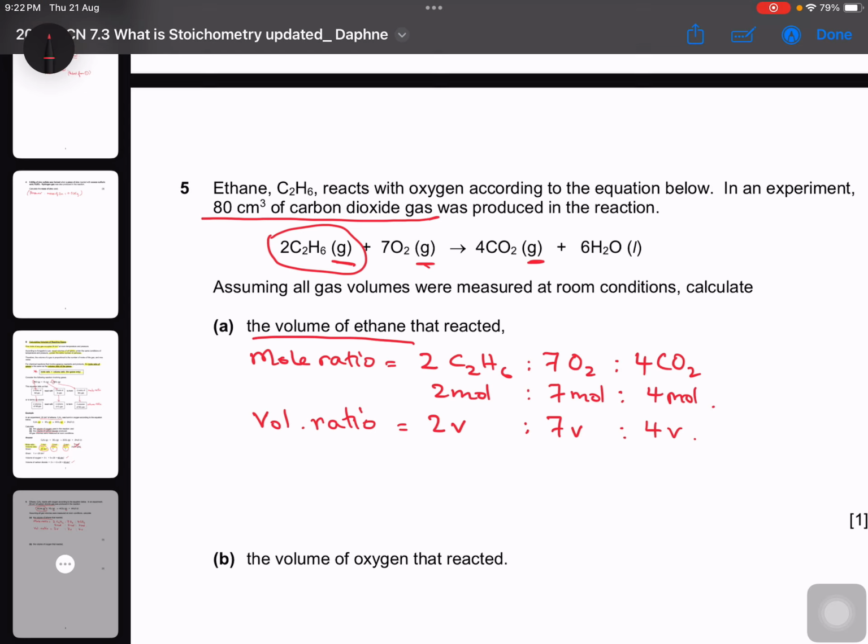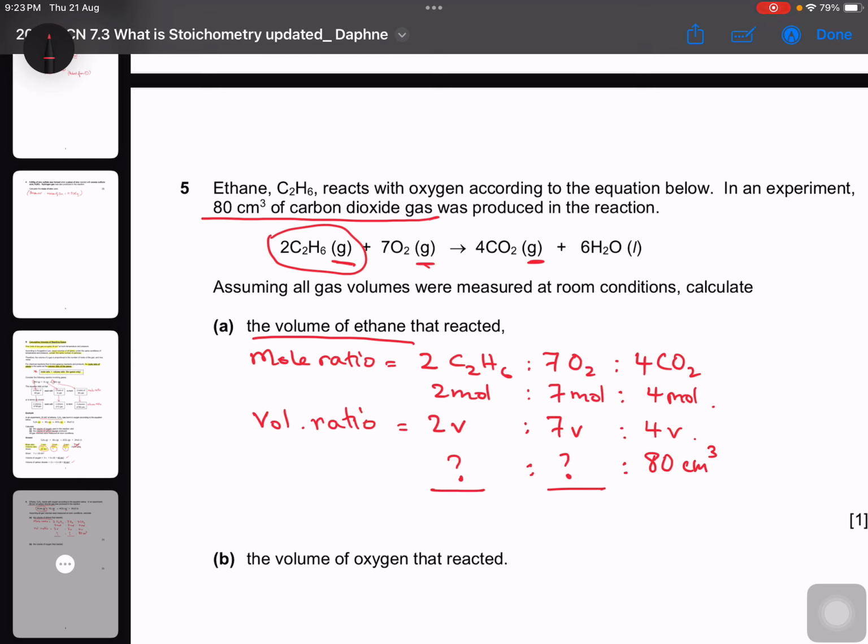We are given that carbon dioxide is 80 cm cube. So how much will ethane be, and how much will oxygen be?